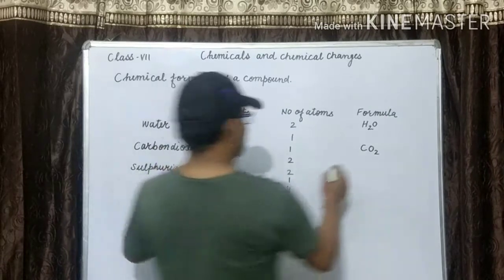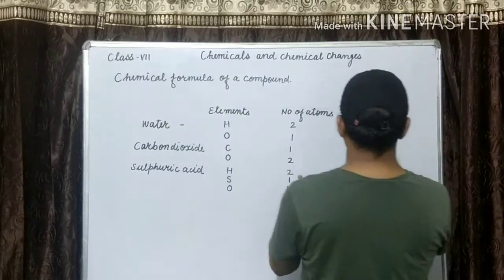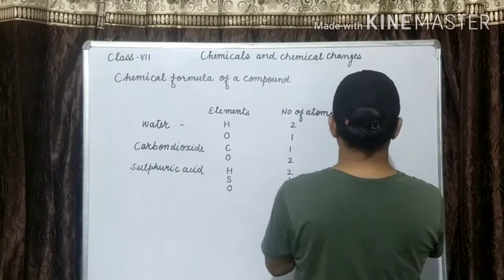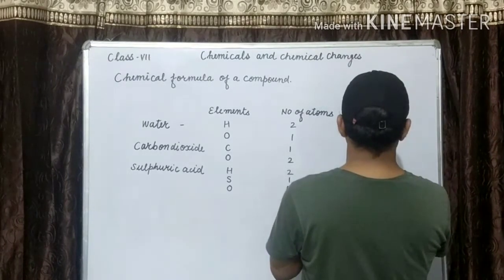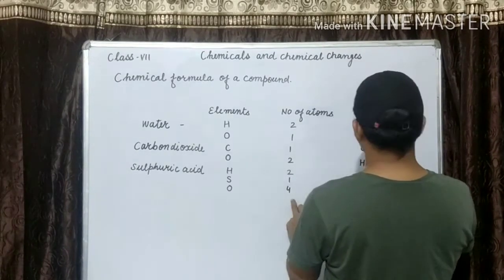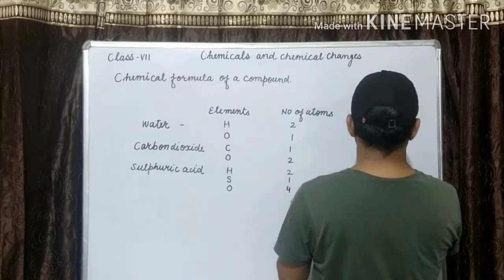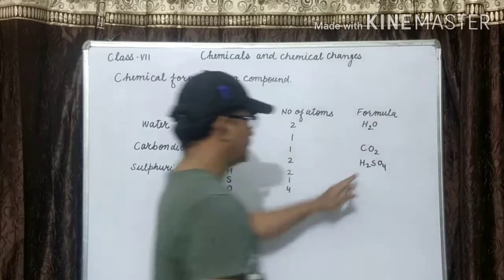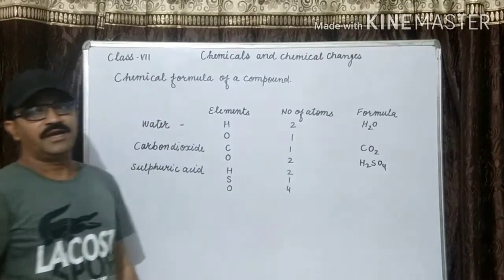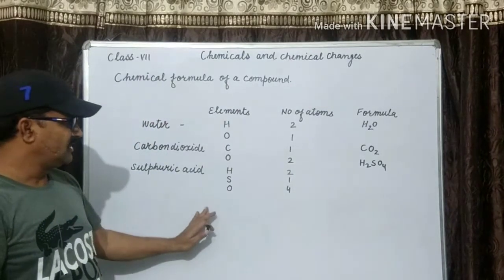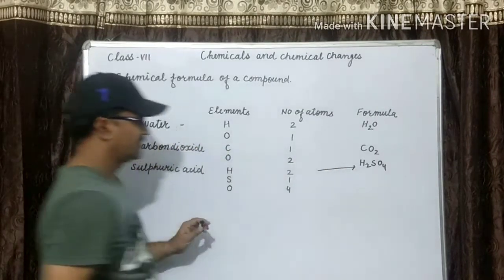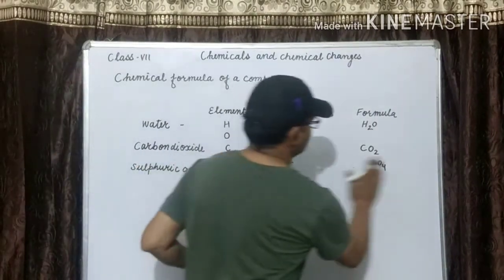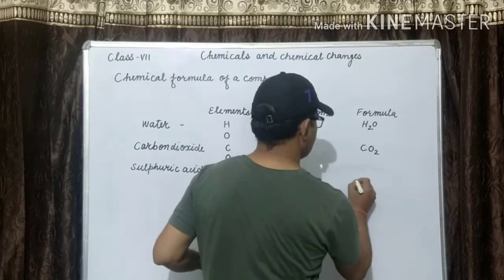So H, how many? 2. S 1, O 4. This is the formula, H2SO4. Clear? H2SO4. I am writing it here.